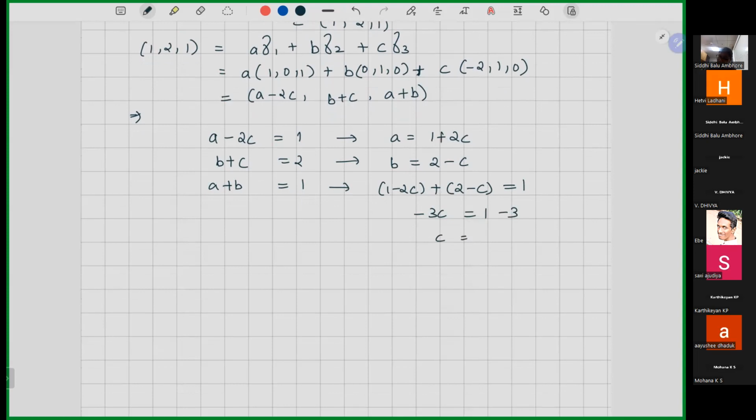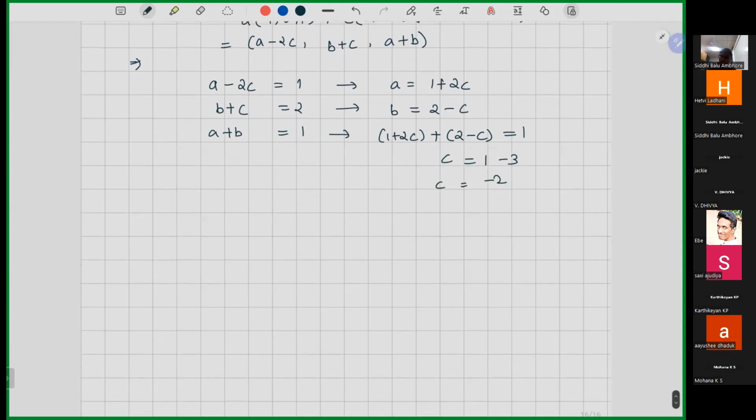Oh, here it is plus C minus 2. So it is C is equal to 1 minus 3, so it is minus 2. Okay, and when I substitute, I get A as 1 minus 2C, it is 1 plus 2 into 2, which is 1 plus 4, which is 5... A is 1 minus 2 into minus 2, which is 1 plus 4, which is 5. Hmm, and B again I get to be 4, 2 minus minus 2 is 4.